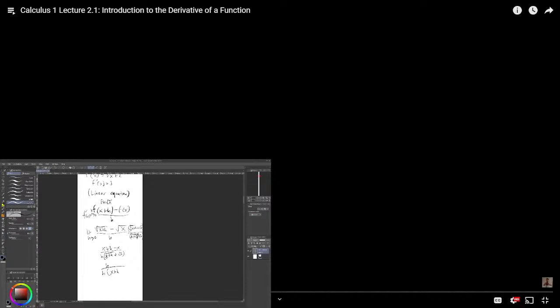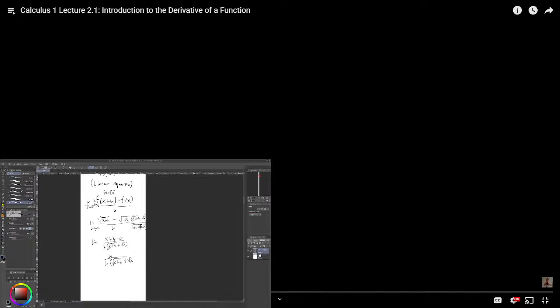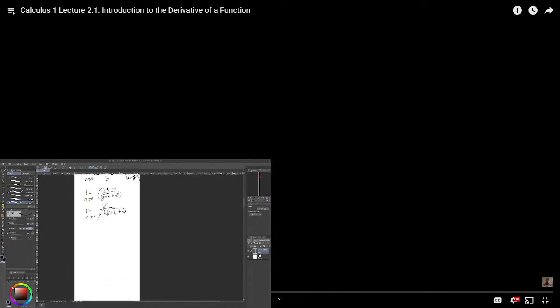This is what I should have gone. Cancel these out. 1 over square root of x plus h, or plus just x actually. 1 over 2 square roots of x.